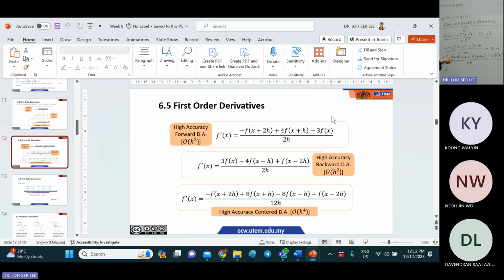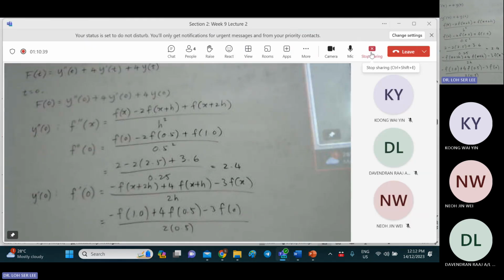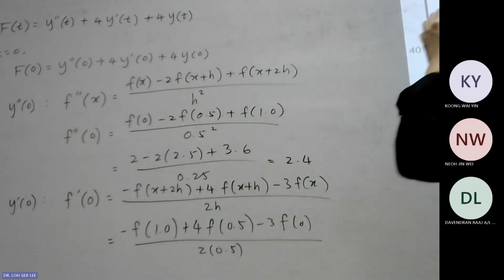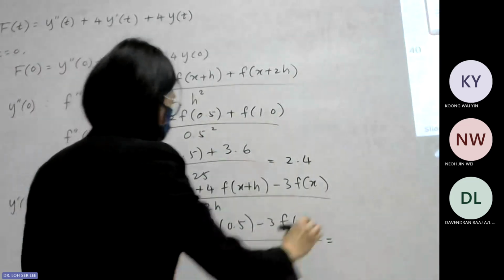Current is 0, then 0.5, 1.0. So this should be negative.